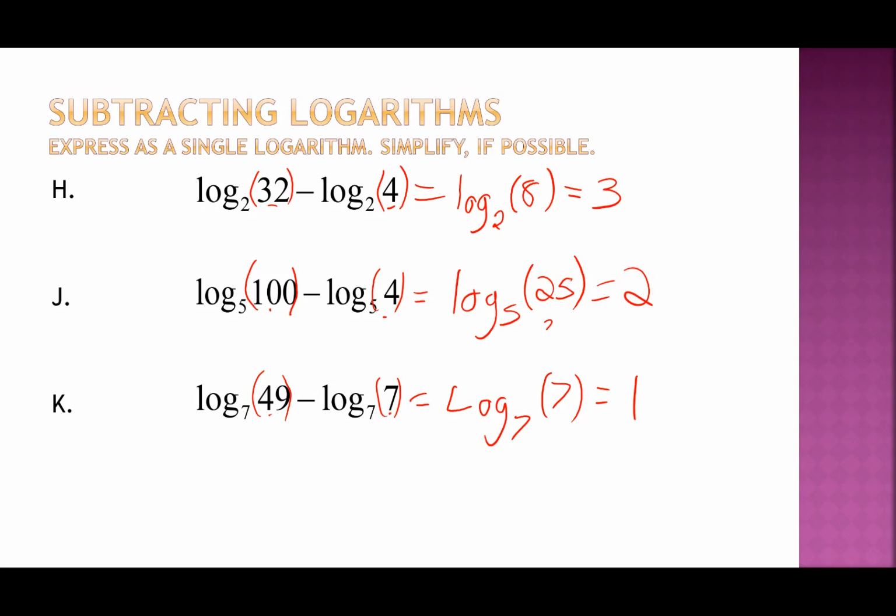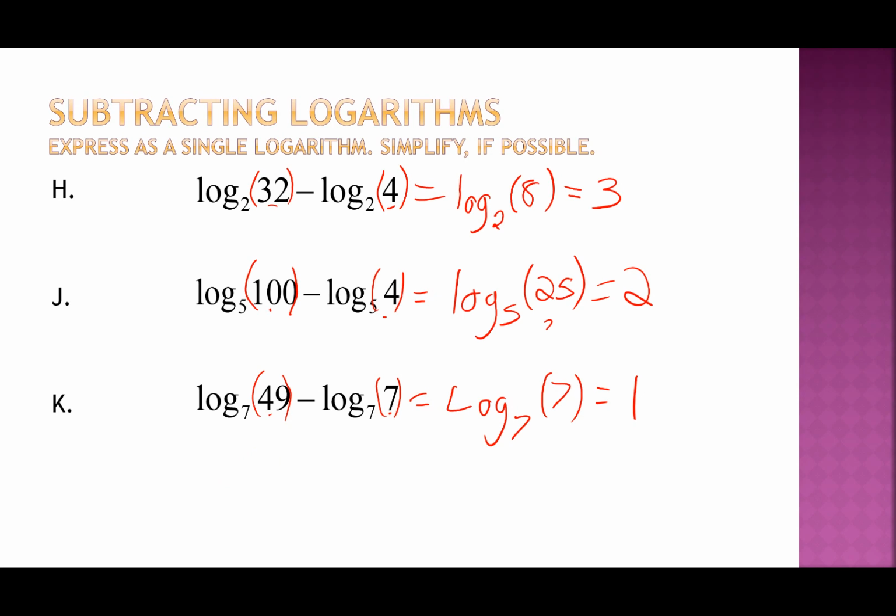But I do want to show you something real quick, just so that you have a better understanding of this problem. Notice here, this first logarithm, we actually know what number this is, because if we know 7 to some power equals 49, well, what is that exponent? 7 to what power?